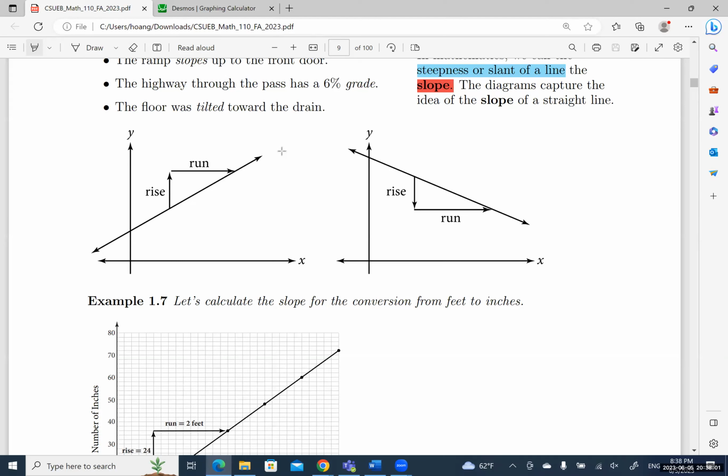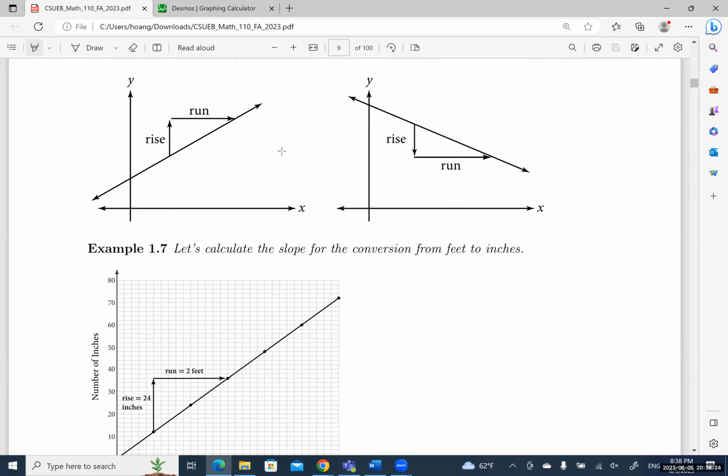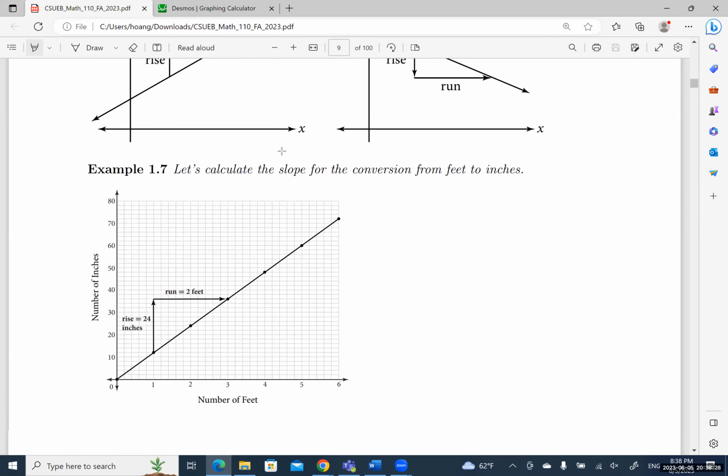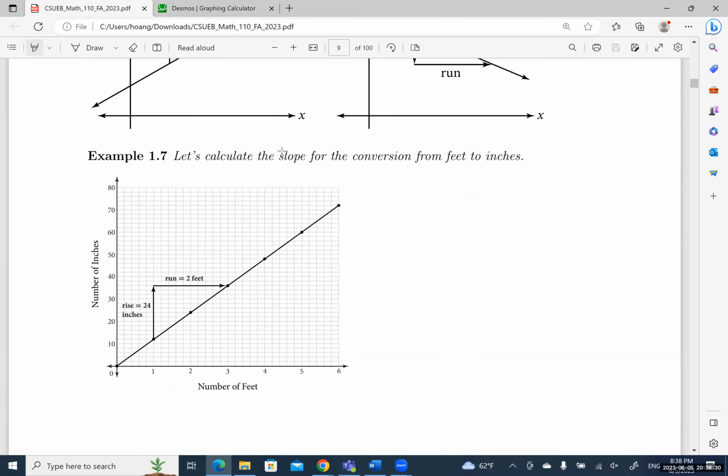And you also have learned in algebra or sometime in mathematics about slope with rise over run for each linear function. Okay, so let's recalculate the slope for the conversion from feet to inches down here.